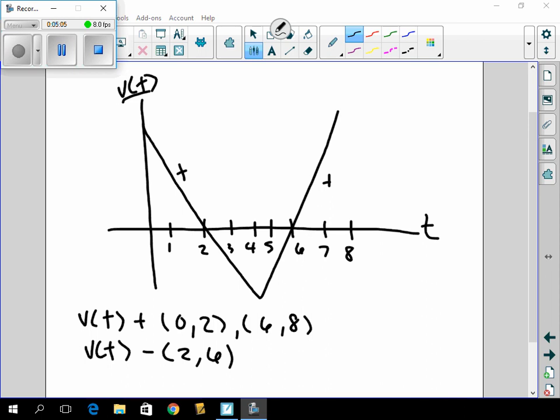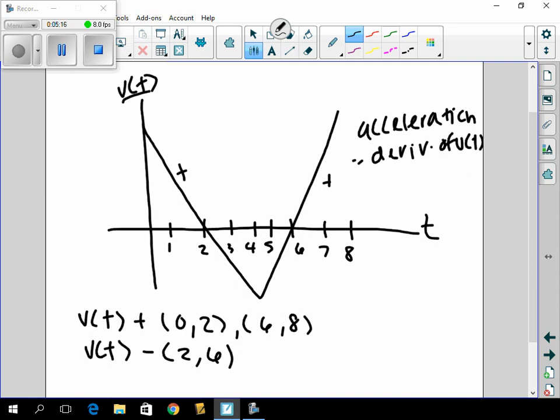Now, if I remember that acceleration is a derivative of velocity, when I look for acceleration on my graph, I'm going to be looking at the slope of velocity. Since acceleration is a derivative, when we look at acceleration, we look at the slope of velocity.